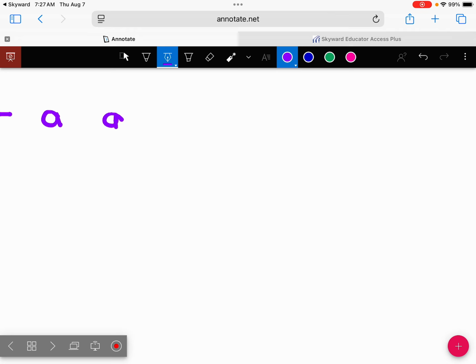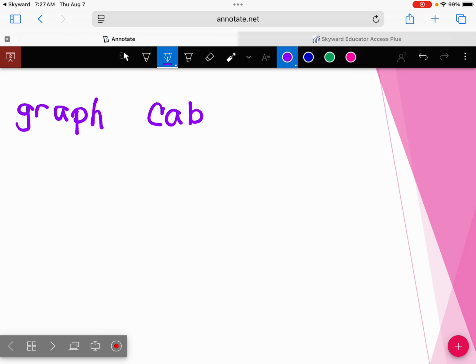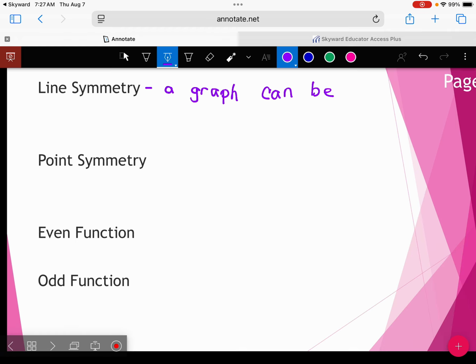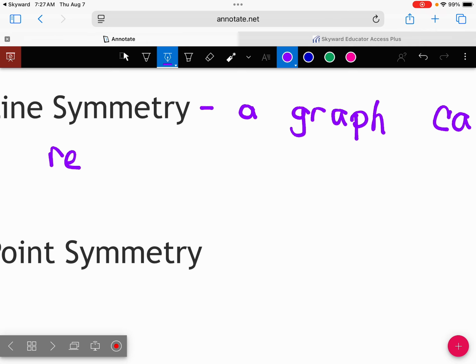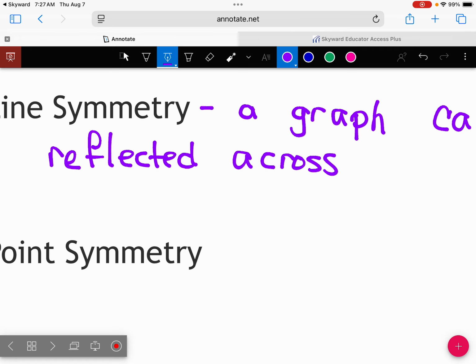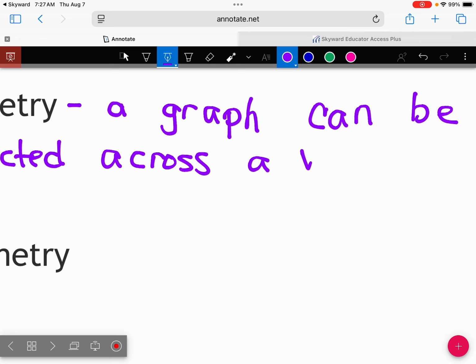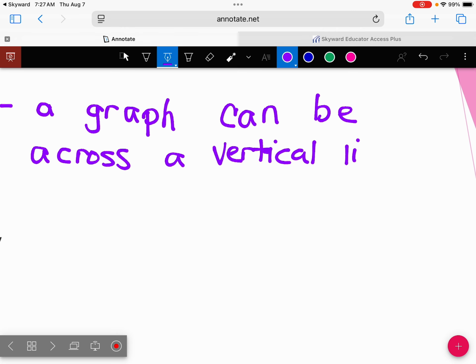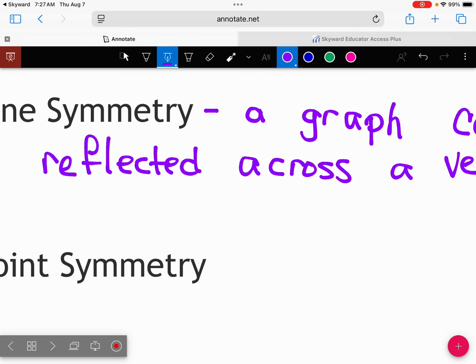A graph can be reflected across a vertical line and still match up.